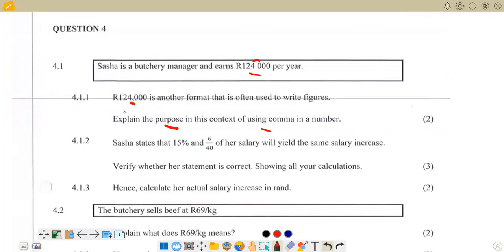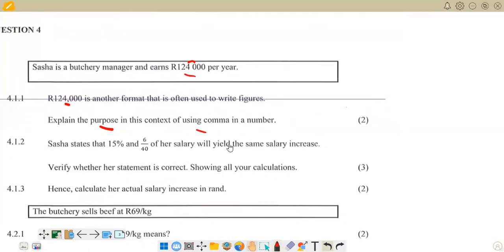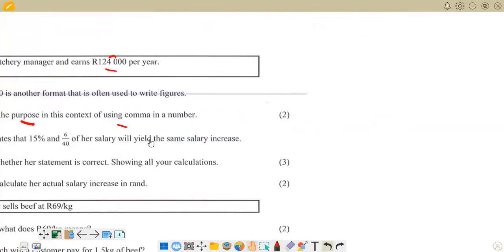So the purpose of the comma is to act as a thousand separator. That is, it's separating the 1,000 parts and the 100 parts. So for 4.1.1, we can just give that explanation. And remember, it is 2 marks there.